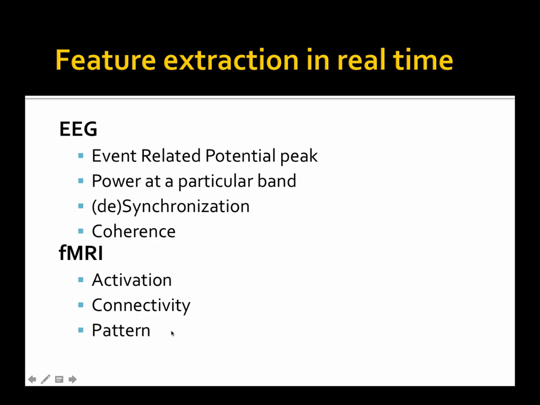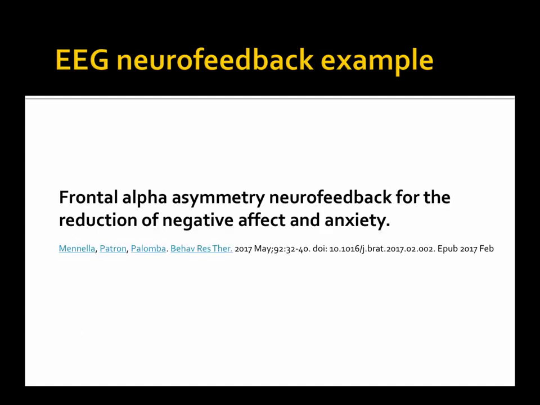And I'm not going to talk a lot about this, but this is a work in progress here and in other places where now not only can we look at activations or connectivity, but we can really detect a pattern and try to make the subject fit this pattern in a better way. So we can do neurofeedback based on pattern analysis, multivoxel pattern analysis. And that's implemented also in one of the scanners here.